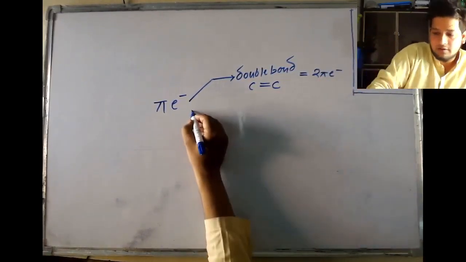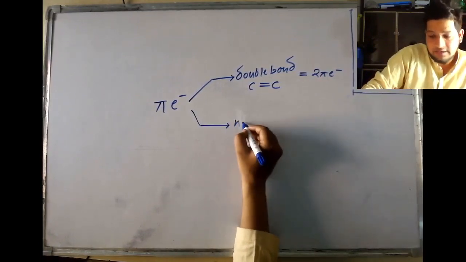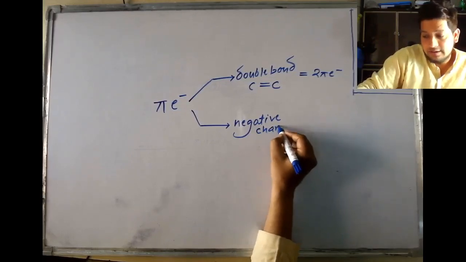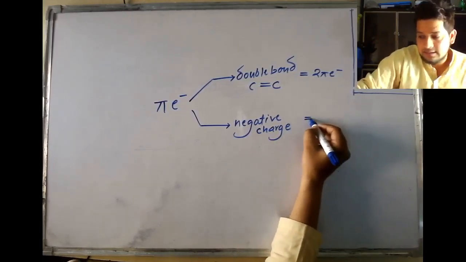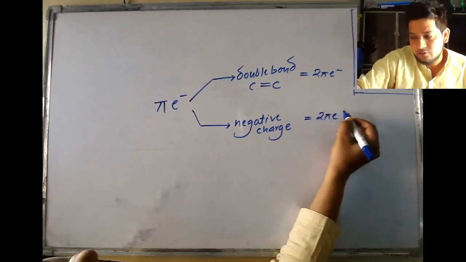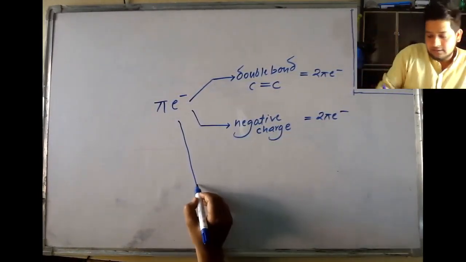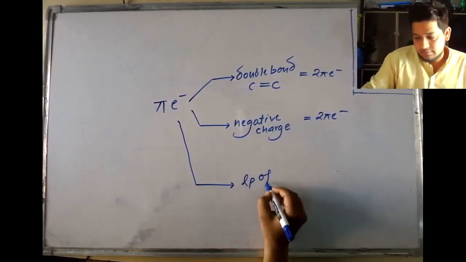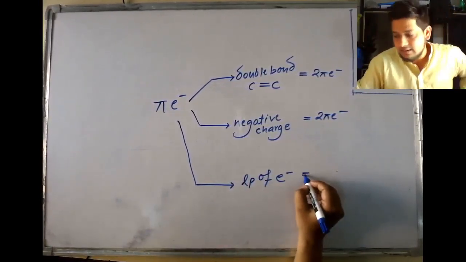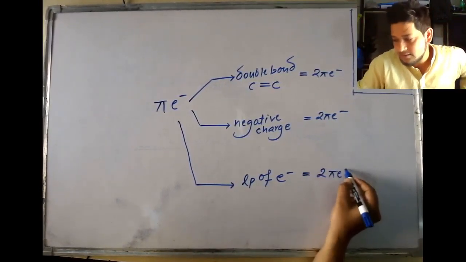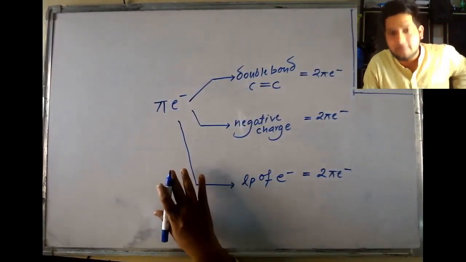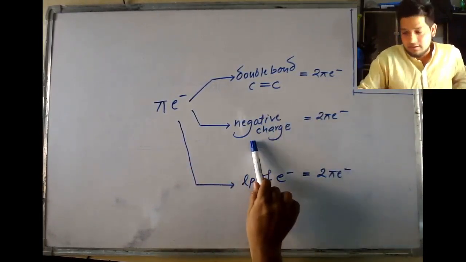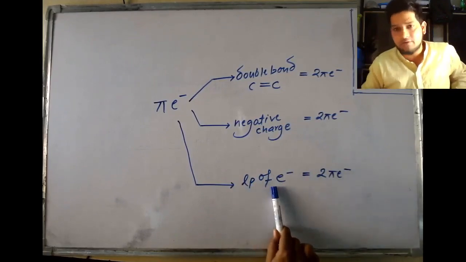The second thing: if you have a negative charge in conjugation, a negative charge that is part of resonance, then it is equivalent to 2 pi electrons also. The third thing is the lone pair of electrons. If they are in resonance, then they are also equivalent to 2 pi electrons. So here we have the pi electron criteria: carbon-carbon double bond, 2 pi electrons; negative charge, 2 pi electrons; lone pair of electrons, 2 pi electrons.